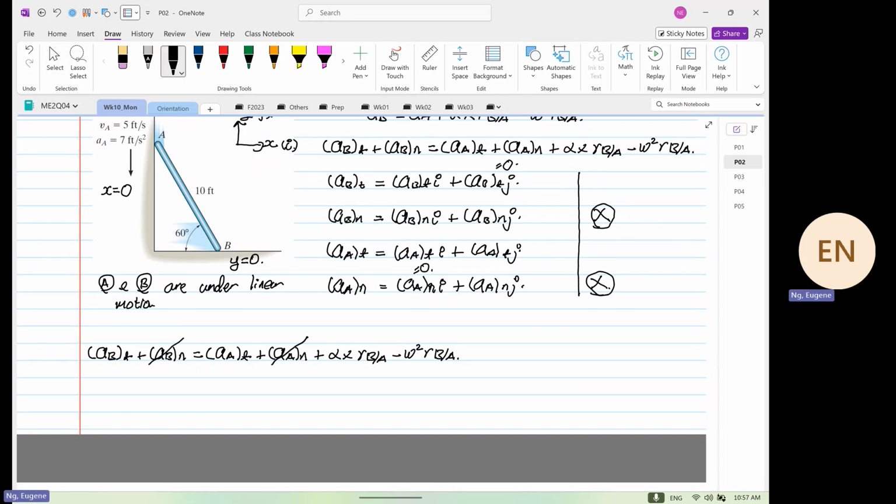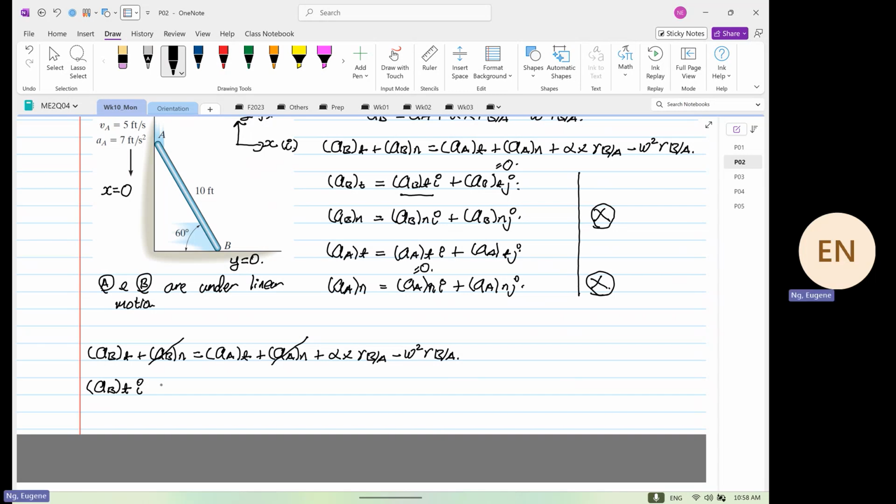You can also drop this term. And if we look at acceleration at point B in the tangential direction, we only have the I component, because for point B, we don't allow motion in the J component.